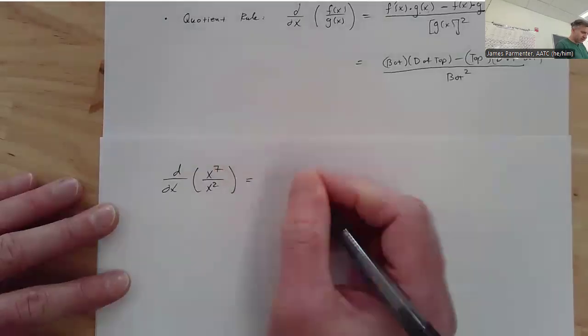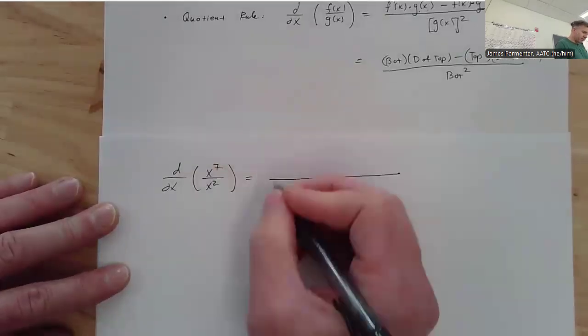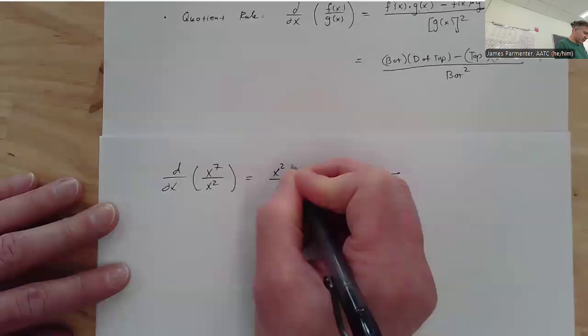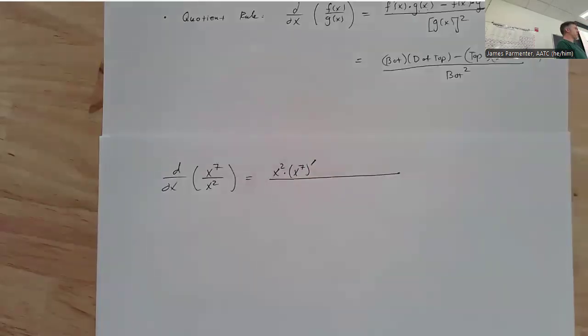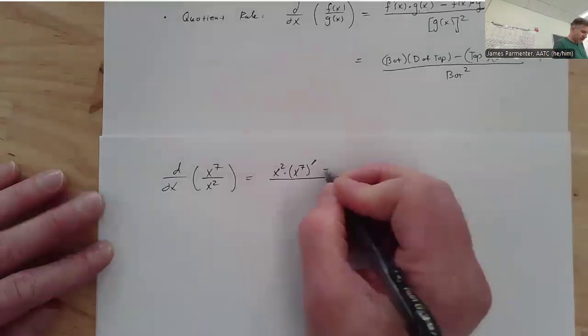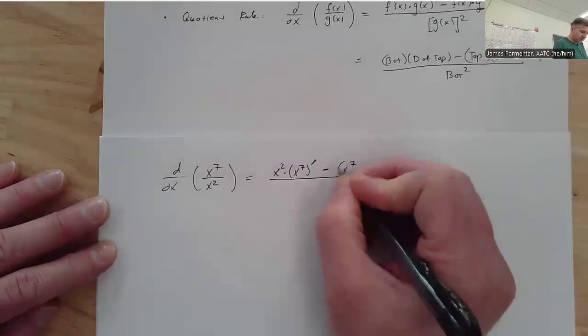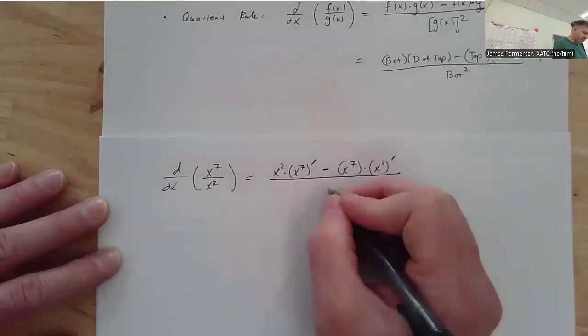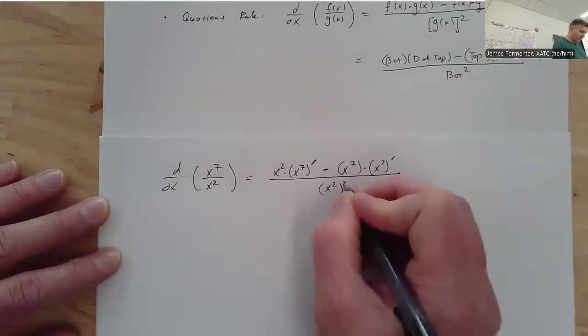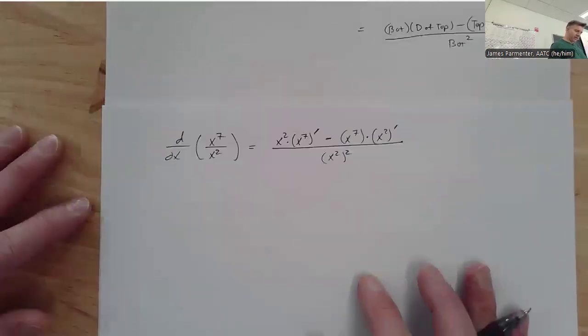So it should be the bottom times the derivative of the top, which is 7x to the sixth, minus the top times the derivative of the bottom, all divided by the bottom squared. Now let's simplify it and see if we get the right thing.